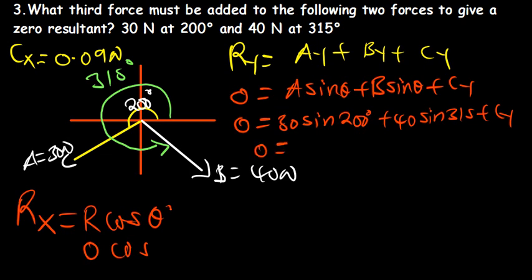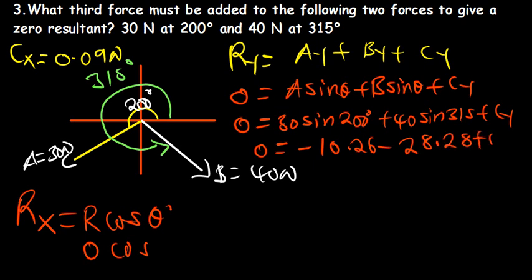So what is 30 sine 200? I'm getting negative 10.26, plus 40 sine 315.